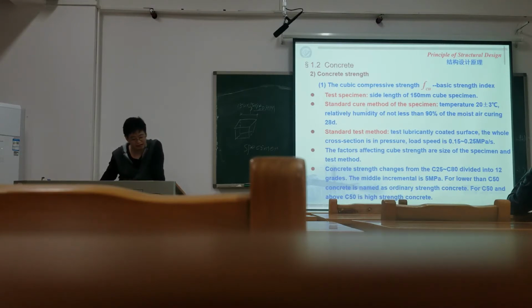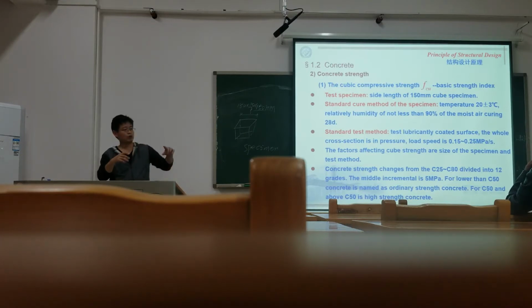So this is the standard test method and the curing method. After 28 days the concrete is completely hardened, and you can get the real strength, because the strength of the concrete gradually improves with the age of the concrete. Only at the age of 28 days can you get the real strength.